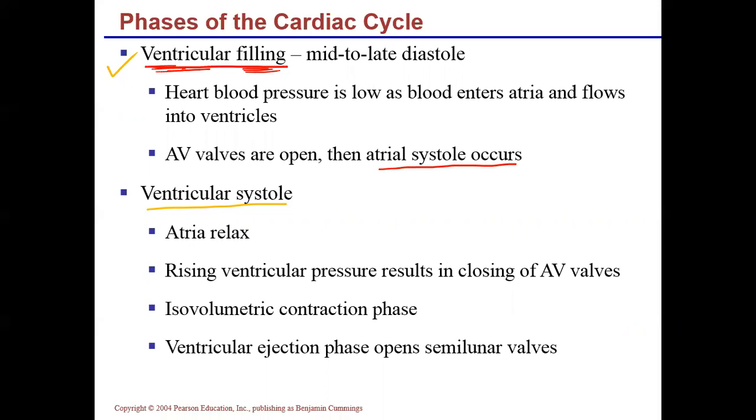Do you remember on the ECG, at which point in time depolarization of the ventricle was occurring and also repolarization of the atrium? Do you guys remember? If you want, you could pause the video and see if you could remember. This was the P wave.